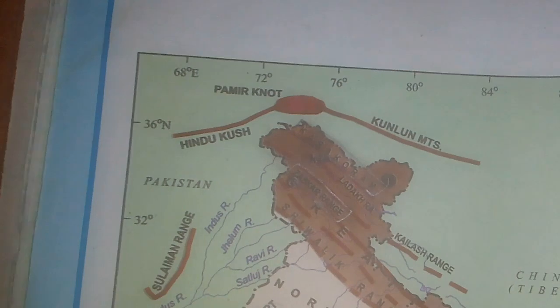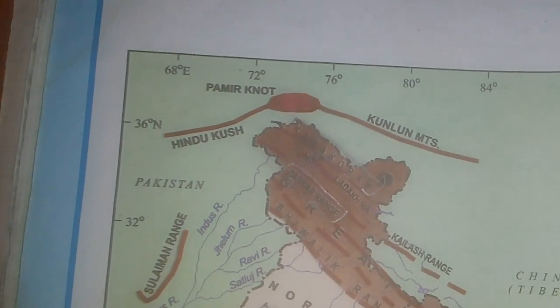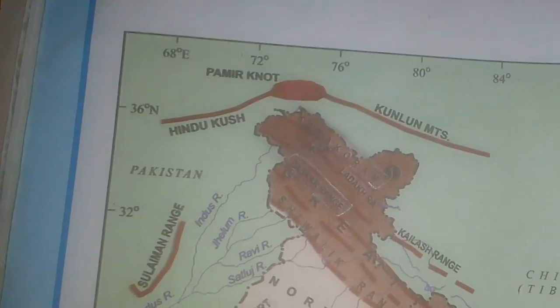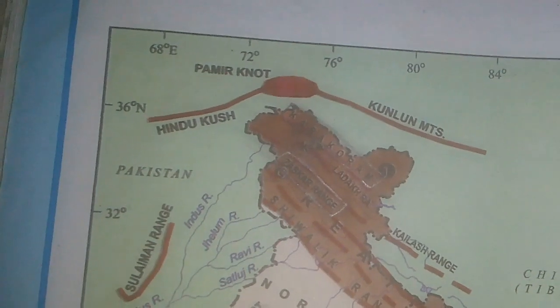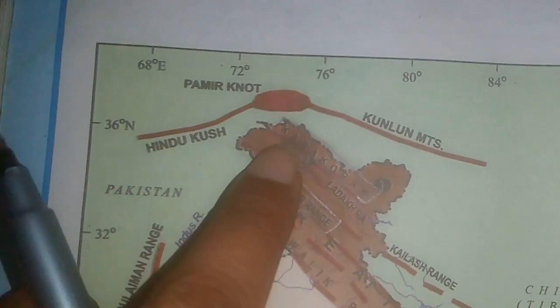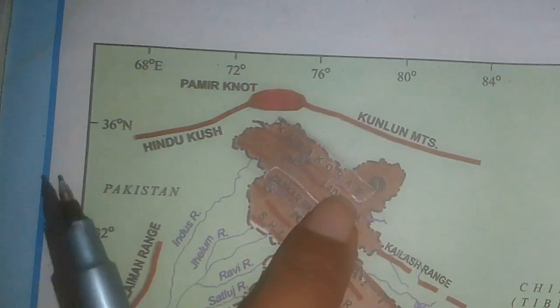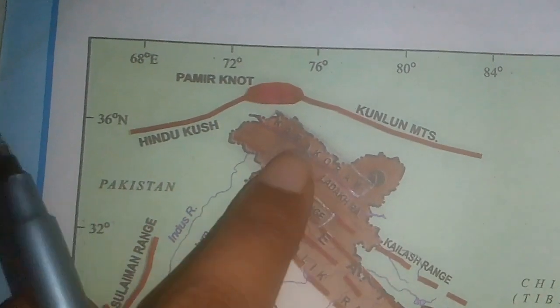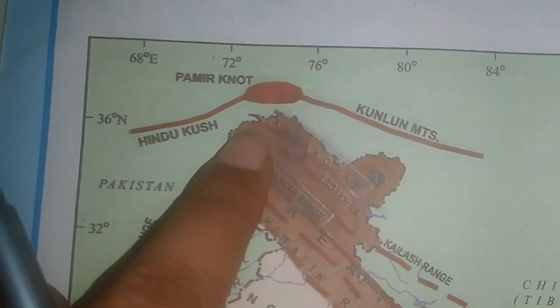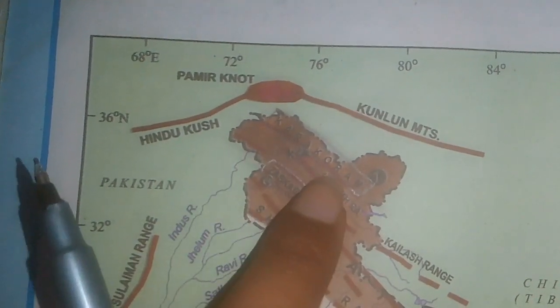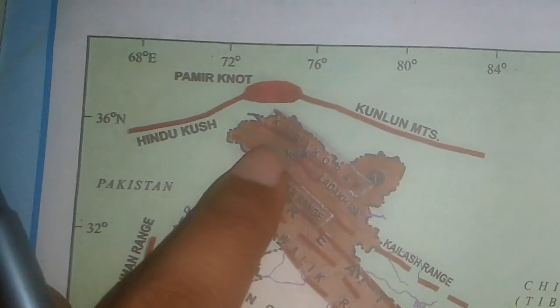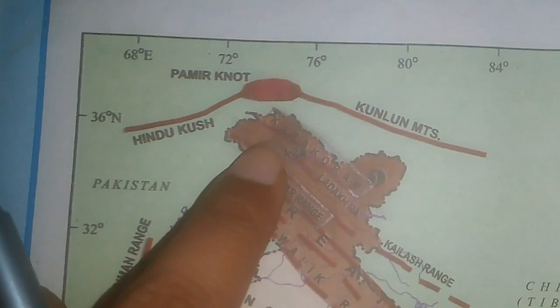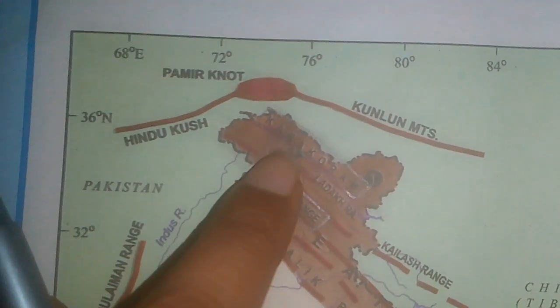In this map, that is the map which is given in your books on page 10, you are going to see the marking of Karakoram range. It's clearly written over here, Karakoram range. And below this you are going to see a line is there.